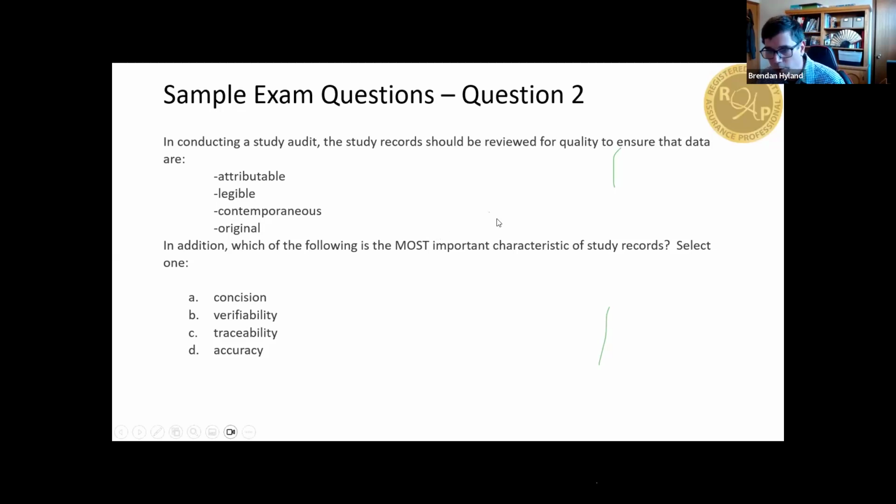But it might be worthwhile, first of all, remembering the original 5 ALCOA, right? Because any question older than a few years that talks about ALCOA will look for these particular 5: attributable, legible, contemporaneous, original, and accurate, right? But it might be worth also looking at the other one, CCEA.